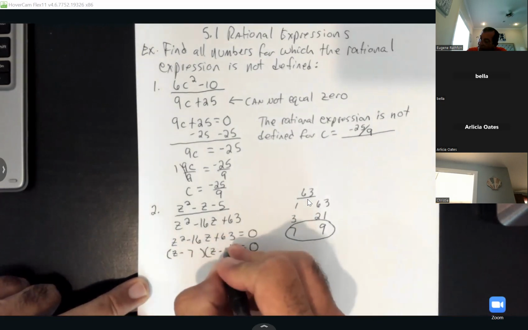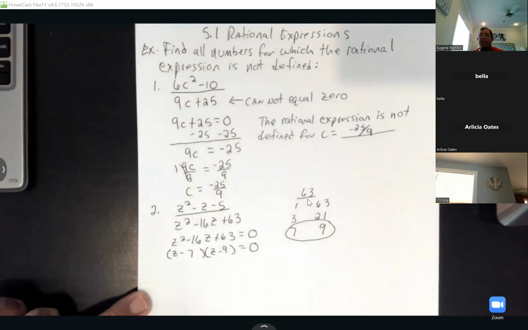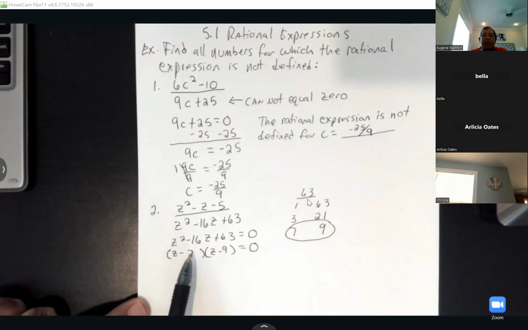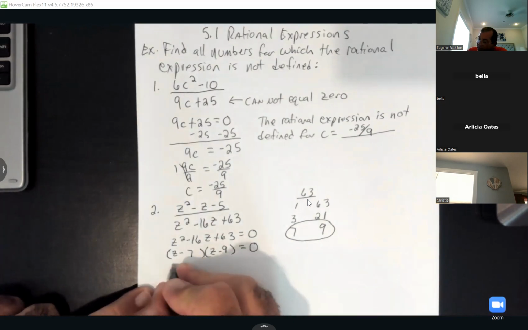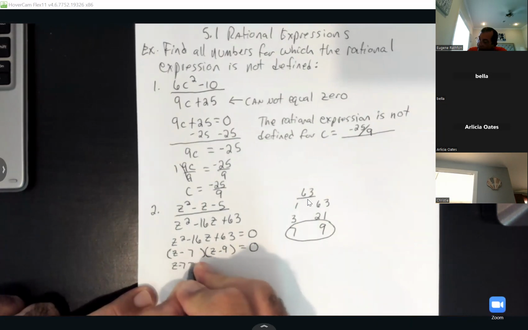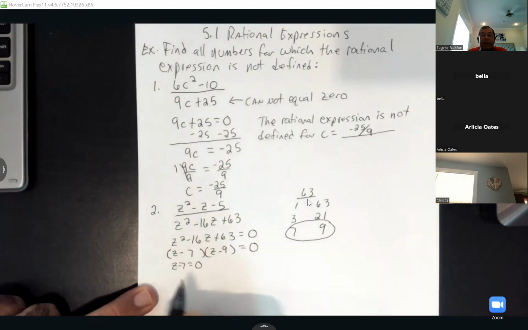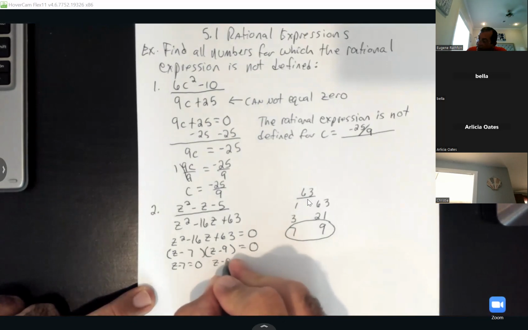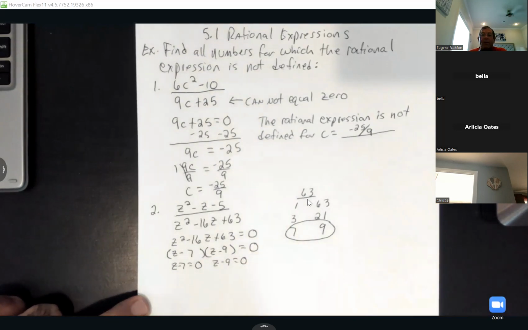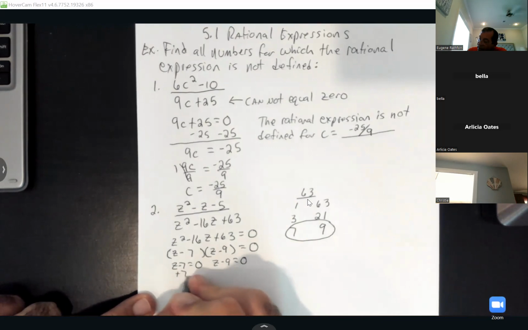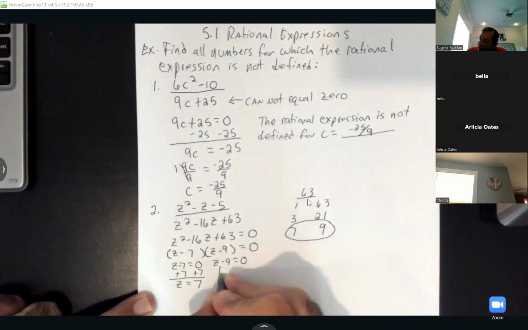So I come in and put my 7 and 9. Now, to finish this off, I've got to set both of these equal to 0. So I've got z minus 7 equals 0, and z minus 9 equals 0. Solve both of these by adding 7 to the first one and then adding 9 to the second.